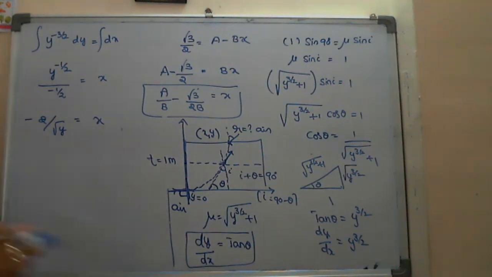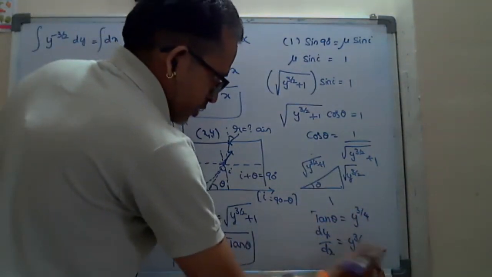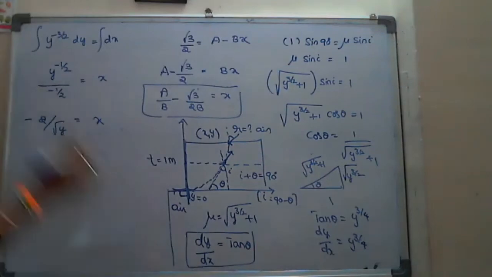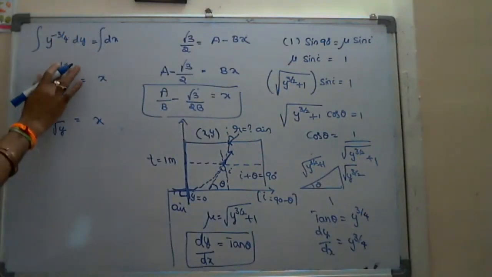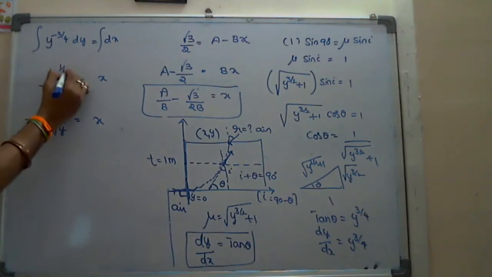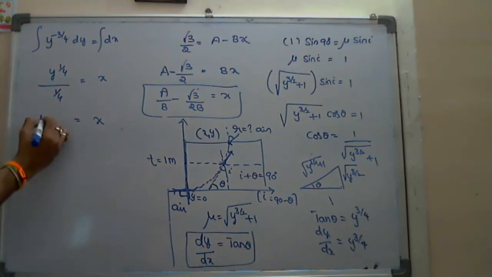And then here I think you will get this is 3 by 4, and this is also 3 by 4, and here you will get 3 by 4, and this one will be 1 by 4. Means you are getting y power 1 by 4.